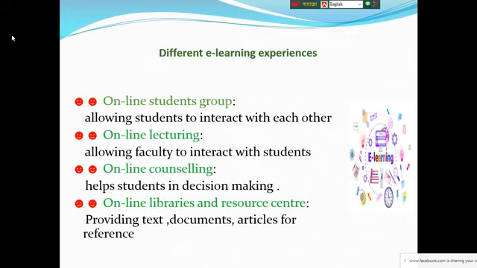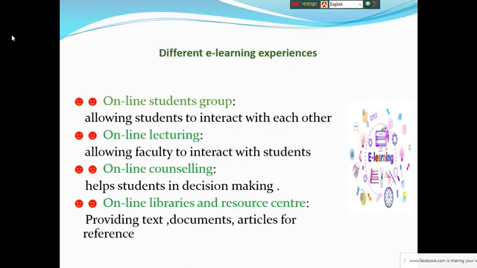Different e-learning experiences. How can we experience different electronic learning? It may be an online students group. As I advise you, chat with your friends in English. At the same time, I advised you to share your documents with your friends, your teachers, or your near and dear ones.